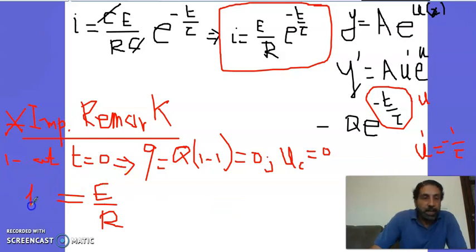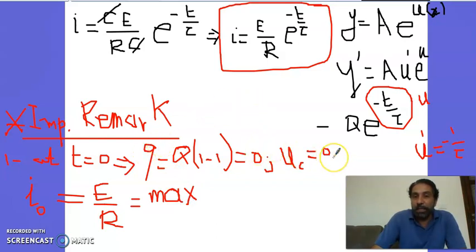This is I, electric current, at t equal to 0. Call it I0. Clear? E over R. And notice this is maximum value, maximum current, because this is a maximum voltage. So at t equal to 0, the capacitor is neutral. This is true. Look here, Q equal 0. And the voltage is 0 across the capacitor. But the current is maximum current. Okay?